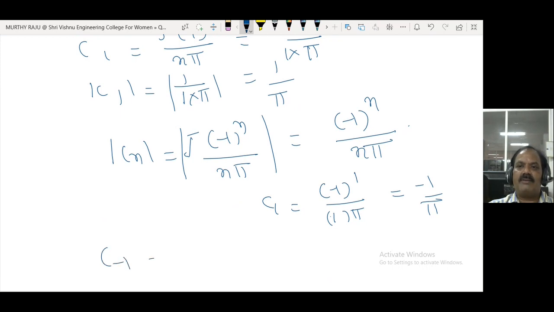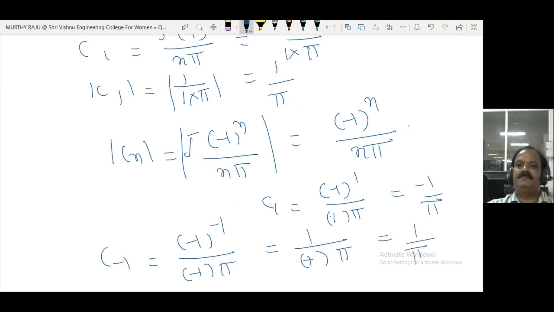Here the C minus 1 is equal to minus 1 whole power minus 1 by minus 1 into pi. That is equal to minus into minus plus, that is equal to 1 by pi.